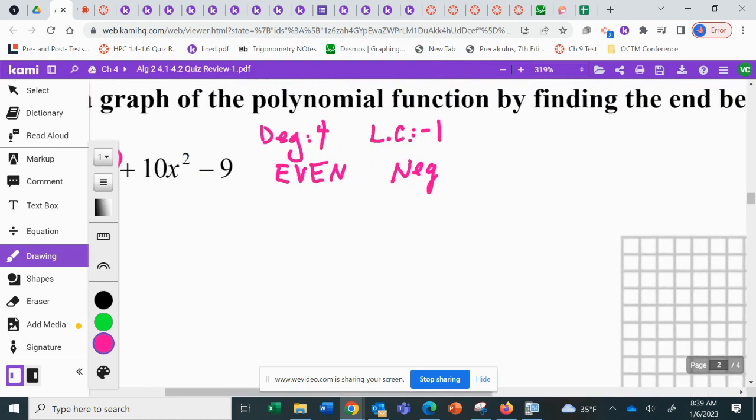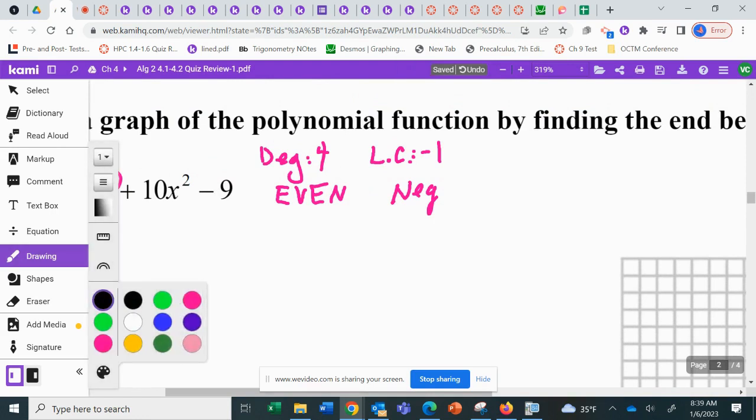Anything even, we want to think about a quadratic, a parabola. The end behavior is going to be the same for a parabola as it is for any evens. So where are my arrows going to point? Same direction or different directions? Same.